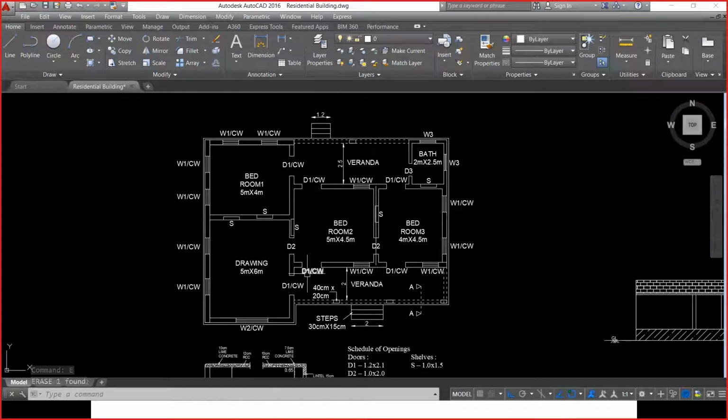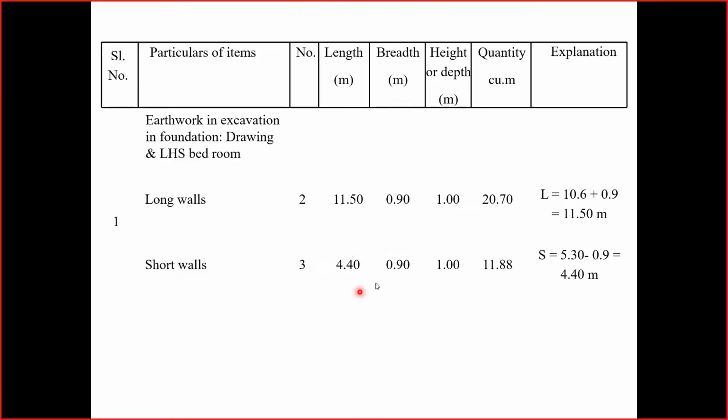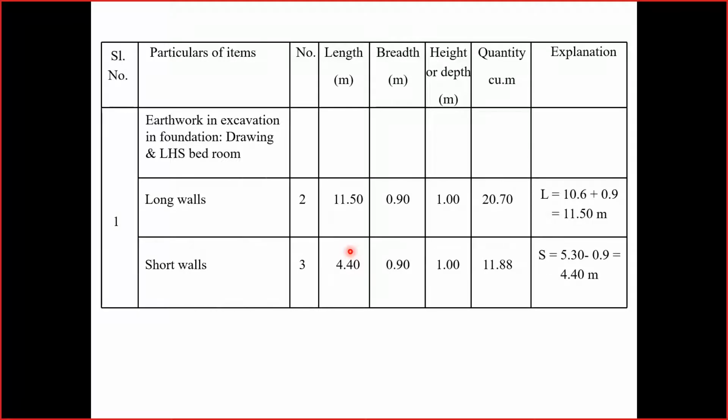So we still have to do the calculations for bedroom number 2 and bedroom number 3, and also the front veranda and back veranda, and later on do the calculation of total quantity. So of course everything has to be in table form.